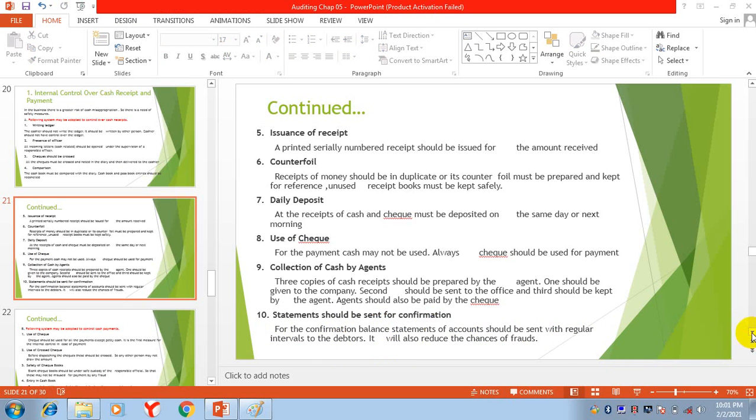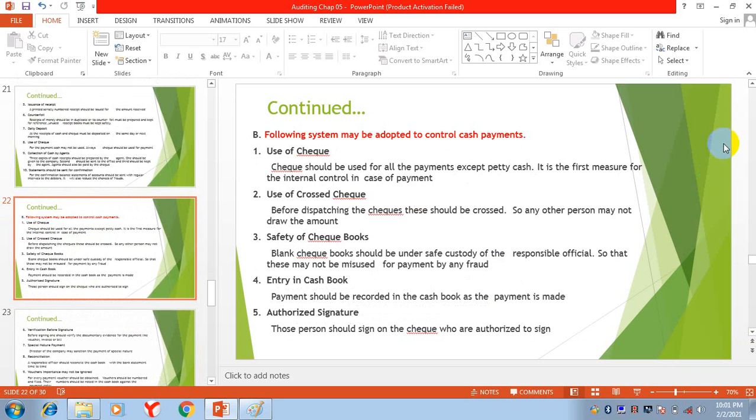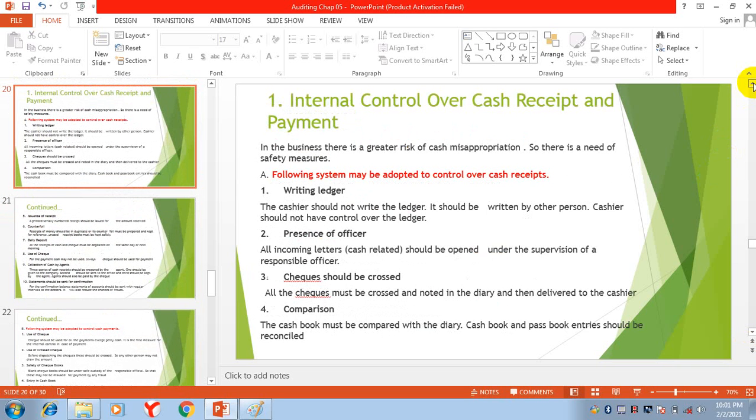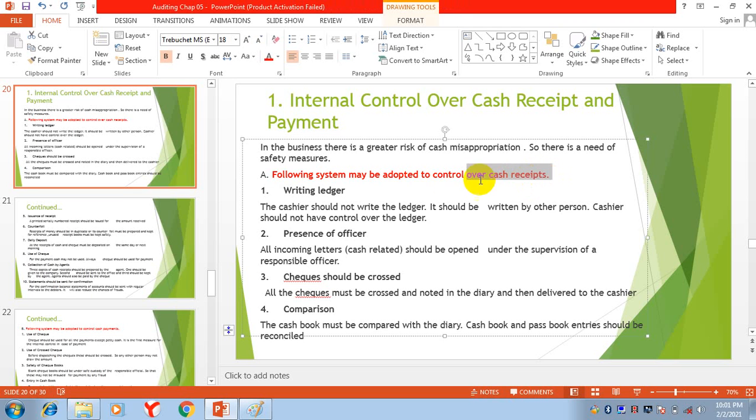So these are different measures that we will keep in mind when we are making a check on the receipts and payments. First we discussed receipts, that a system should be adopted to control cash receipts.